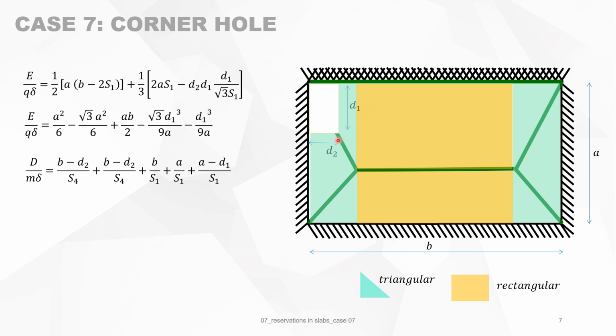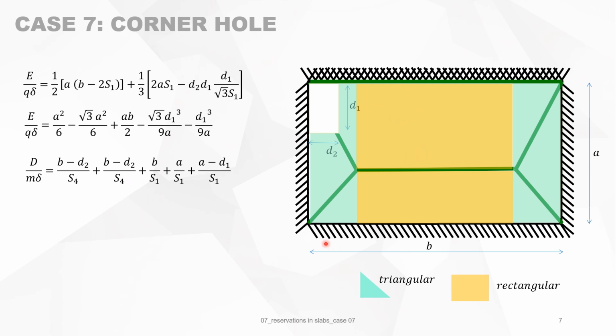And we see that the total length, when projected, is B minus D2. And the angle of rotation is delta divided by the maximum distance S4. Then we have also this rotation axis and the yield line. It's B minus D2 divided by S4.